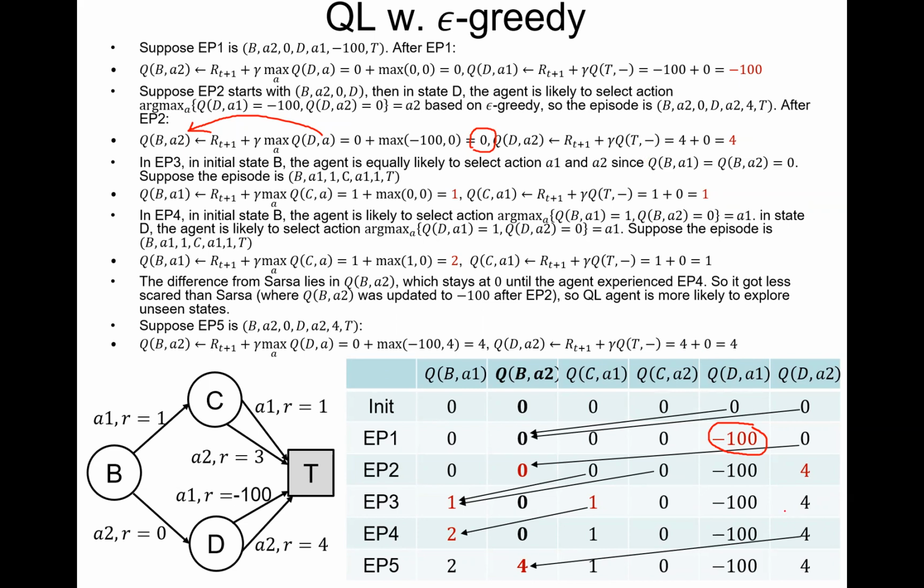So in the same iteration, QD is updated to 4. Now from state B, the agent is equally likely to choose action A1 or A2, since both Q values are 0.